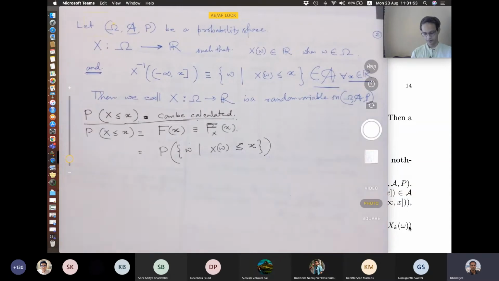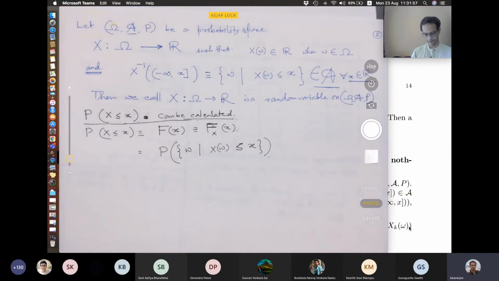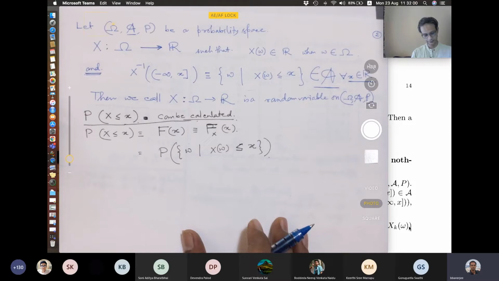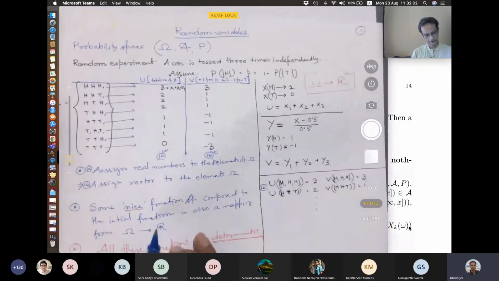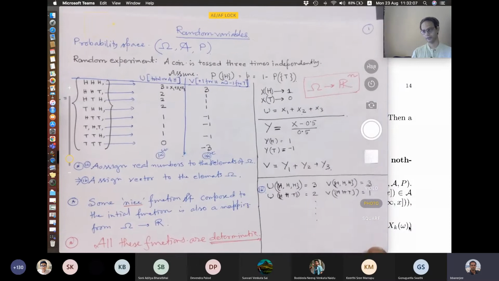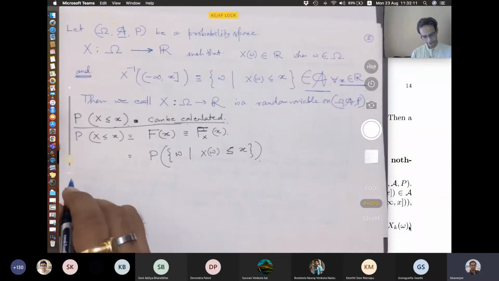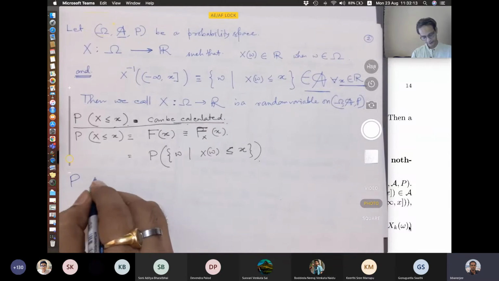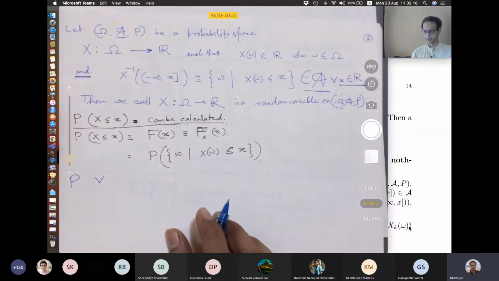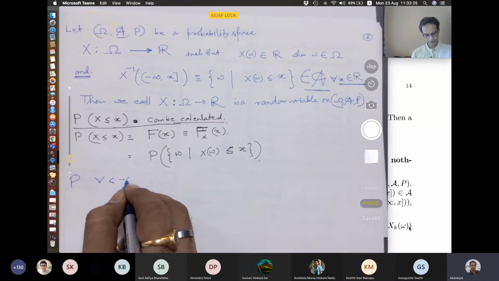So now, using this result, if you consider, for example, the V that we have defined here, let us see how we can calculate the probability. So probability of capital V, let us say, what is the probability that V is less than minus 4?